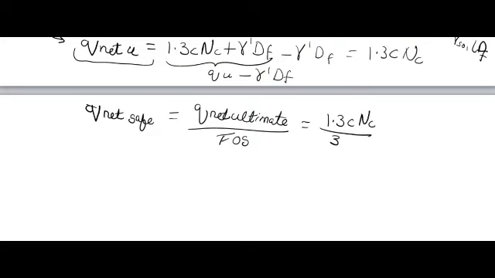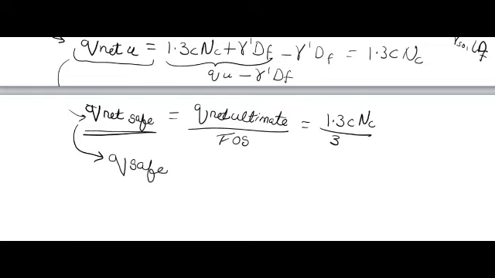Now this is the net safe. So what will be the Q safe from this? From net ultimate we have found the Q net safe, and from Q net safe we will find the Q safe.